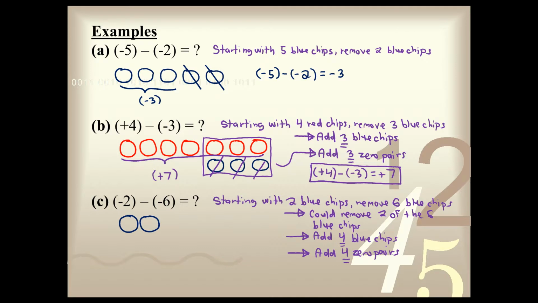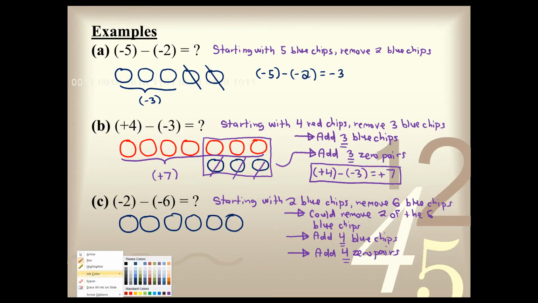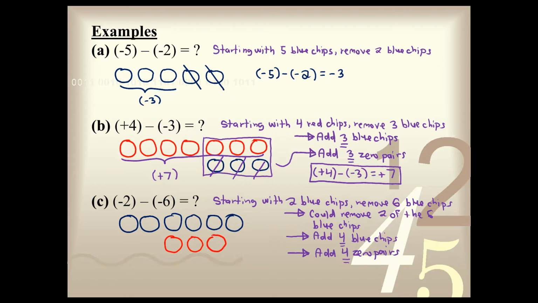Okay, so let's add these 0 pairs. Going to blue. 4 0 pairs, let's draw the blue chips first. So 1, 2, 3, 4. Let's go to the red ones. 1, 2, 3, 4.